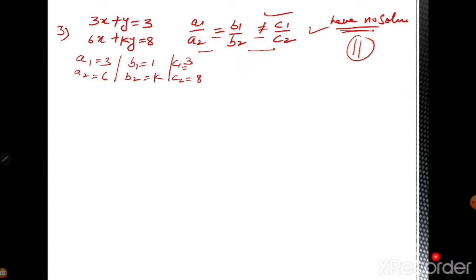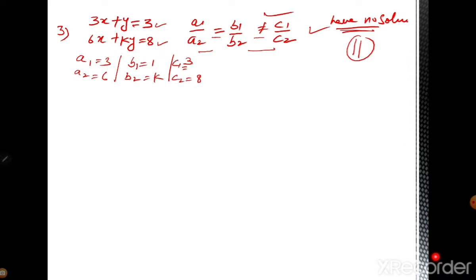You can shift the constant term to this side also, that is minus 3, but then you have to shift both constant terms. Otherwise it is okay like that only; the difference is not there, both are the same. So a1 is this one, b1 we write here, and c1 is 3 by 8.